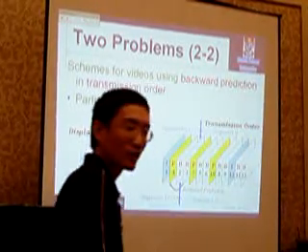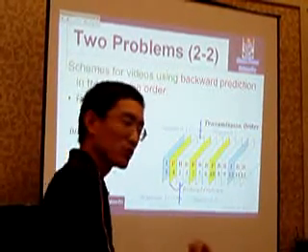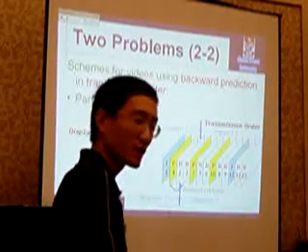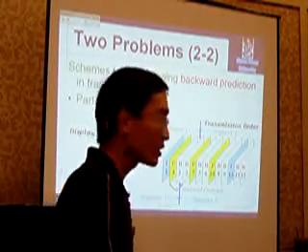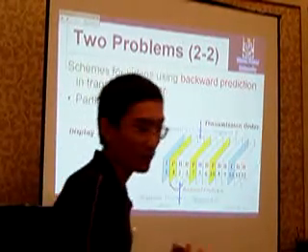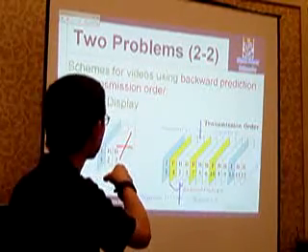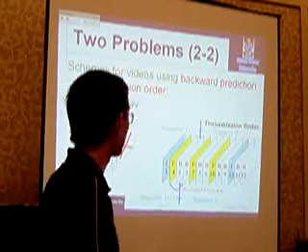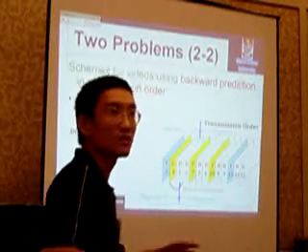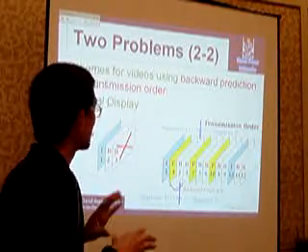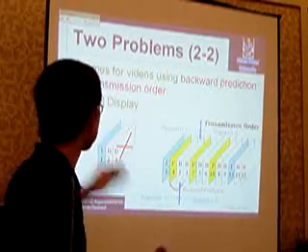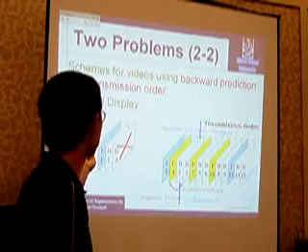After we decode the information we get from the network, that is transmission order, we want to display it, right? Consider the first frame. It is an I frame, so it contains the information by itself, and we can display it correctly.